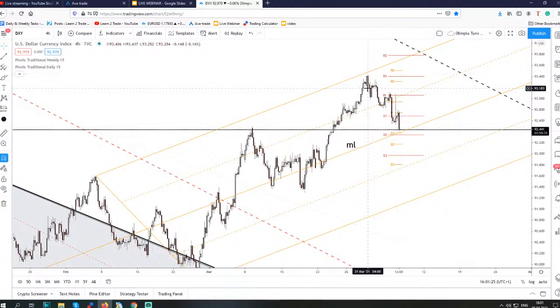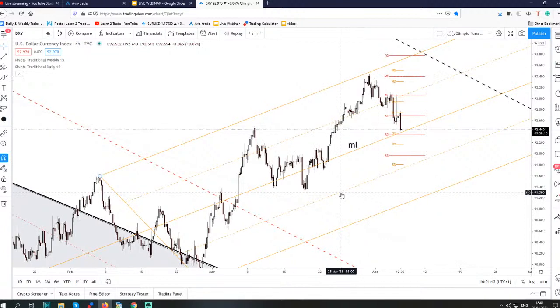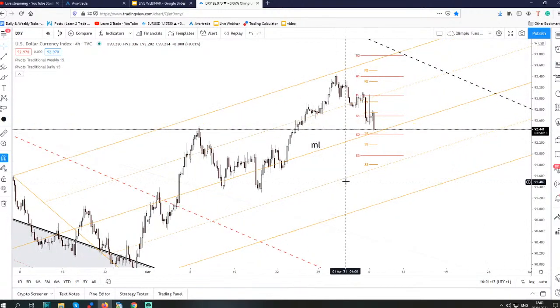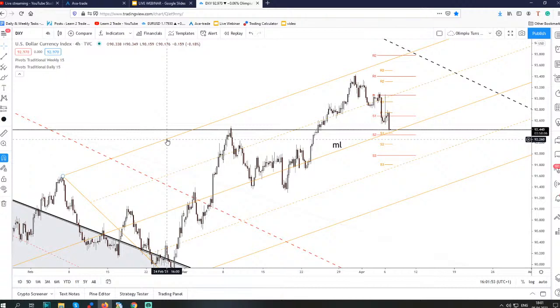It almost reached the upper medium line of the ascending pitchfork, and also the weekly resistance R1 at 93.40. So this was maybe a natural correction on the US dollar index. That's why the US dollar continues to decline, to depreciate versus the other major currencies.